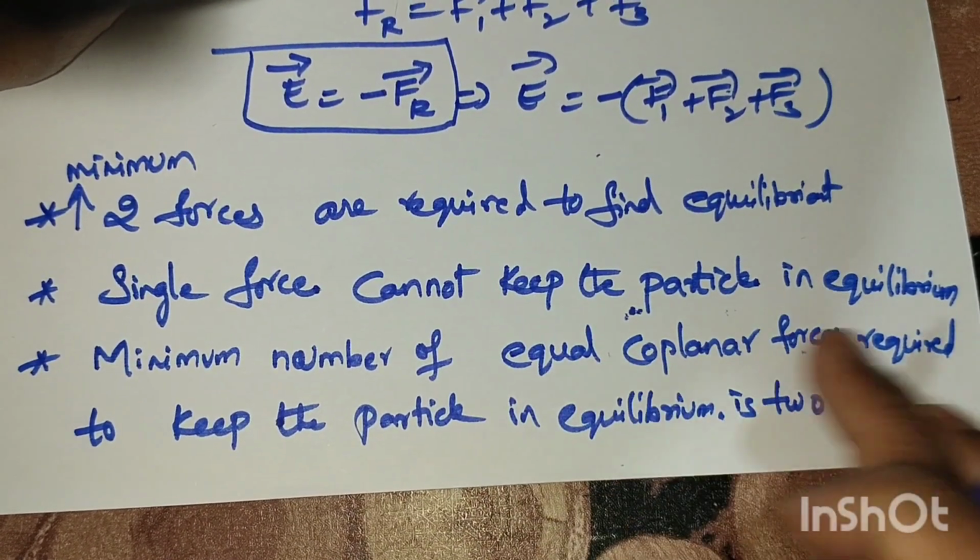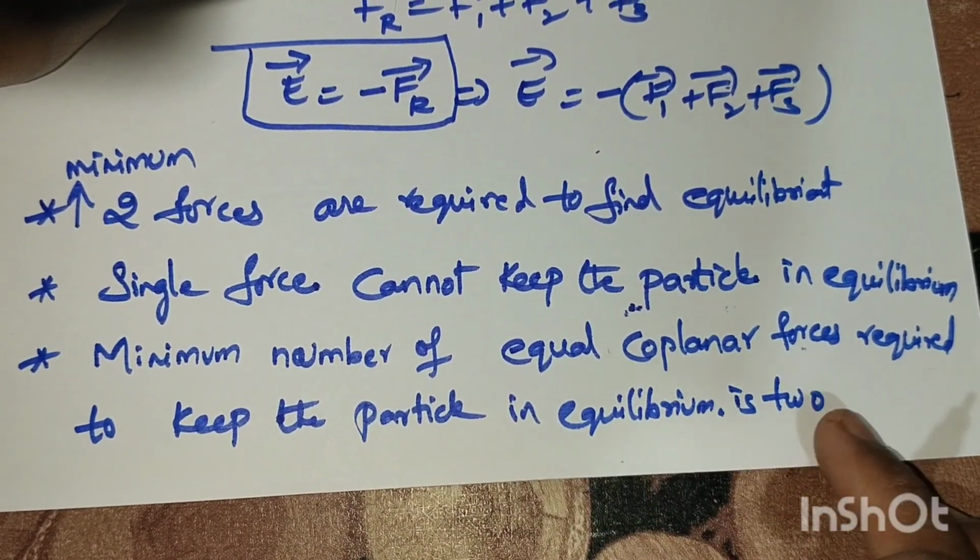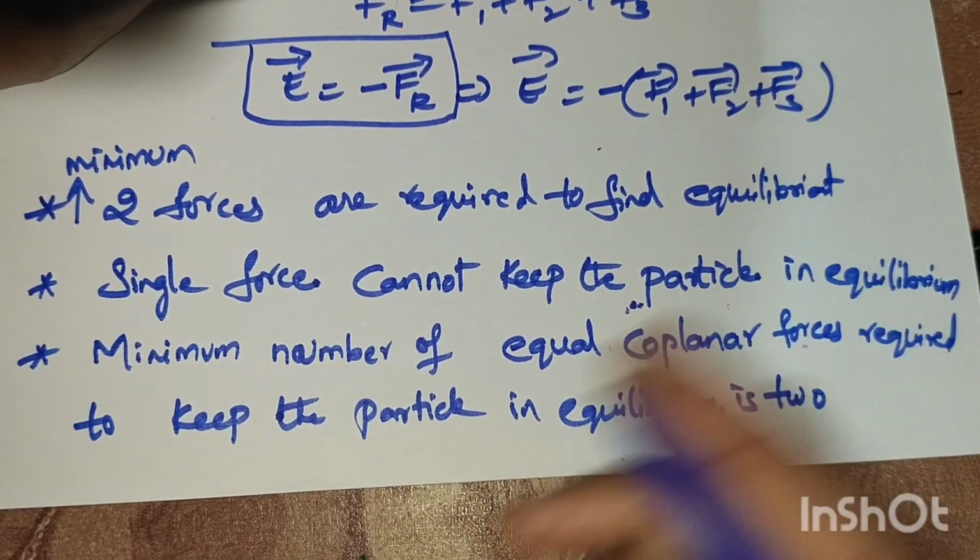The minimum number of unequal coplanar forces required to keep the particle in equilibrium is 3.